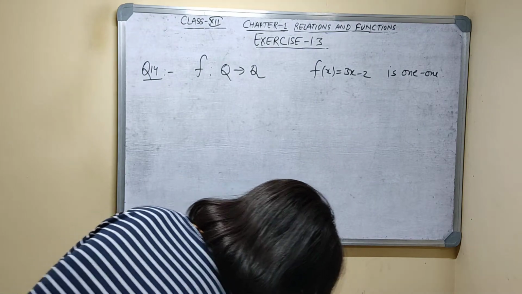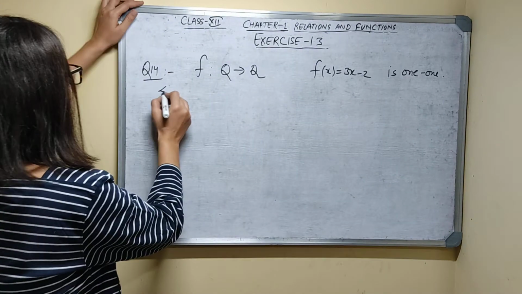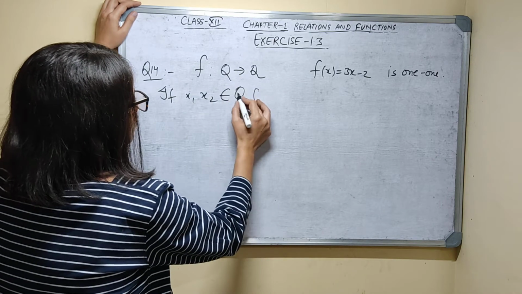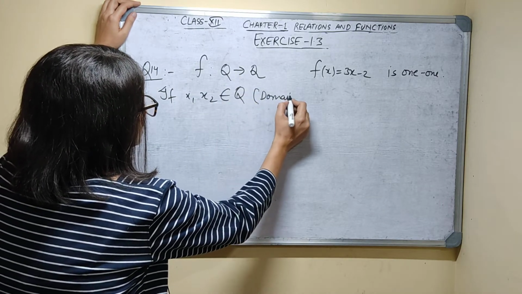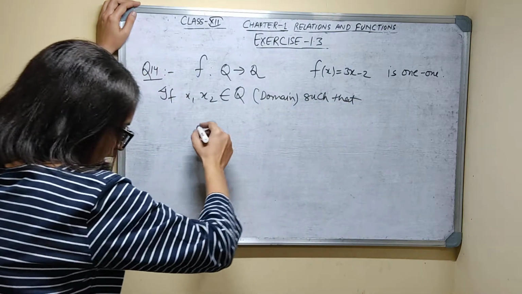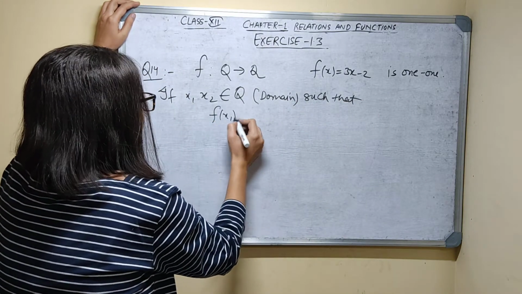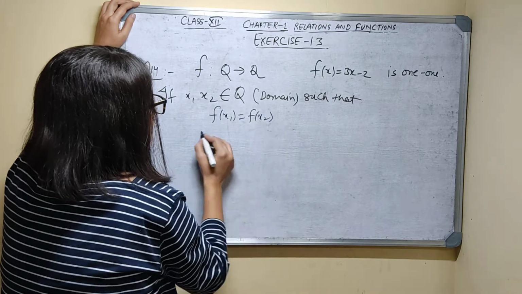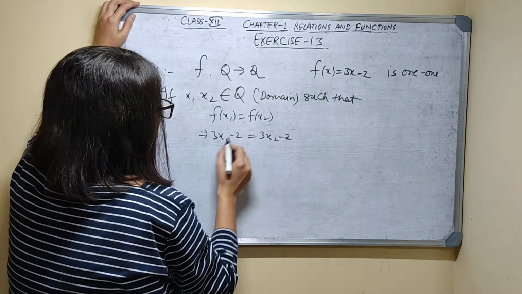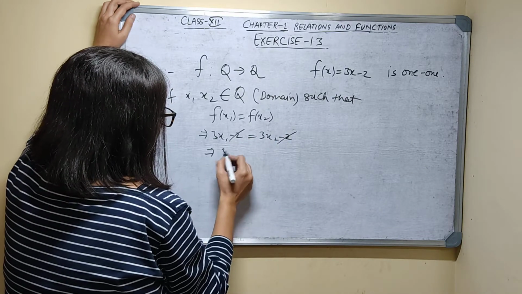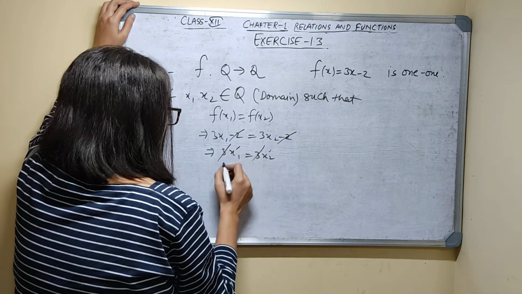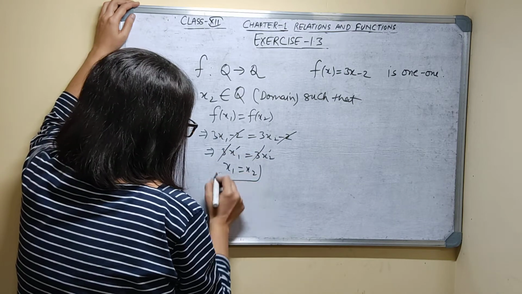How will you prove? Let x1, x2 belong to Q, that is from the domain, such that f(x1) is equal to f(x2). So I can say 3x1 minus 2 is equal to 3x2 minus 2. Minus 2, minus 2 cancel. 3x1 is equal to 3x2. 3 cancels, so x1 is equal to x2.